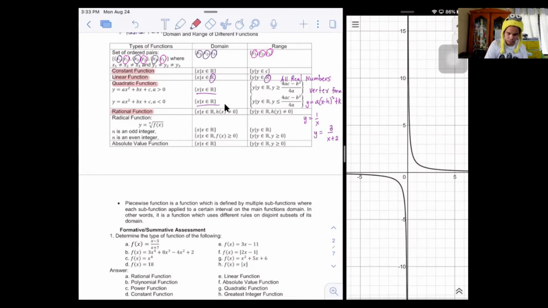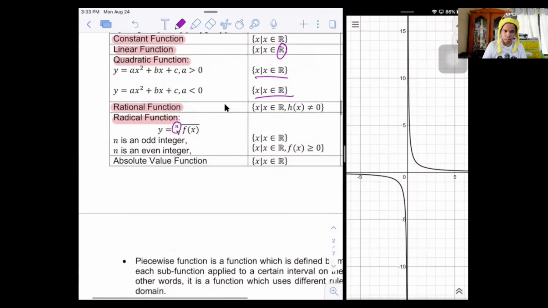Next is we have radical function. So when we say radical, mao to siya ang square root, cube root, fourth root, and so on. So, ang radical, isa ra gyud imong bantayan. If the index, kanang naa sa gawas, is an odd number, walay problema.